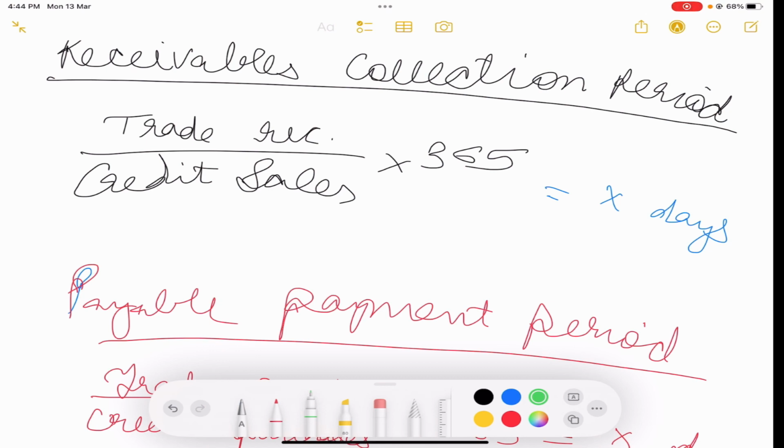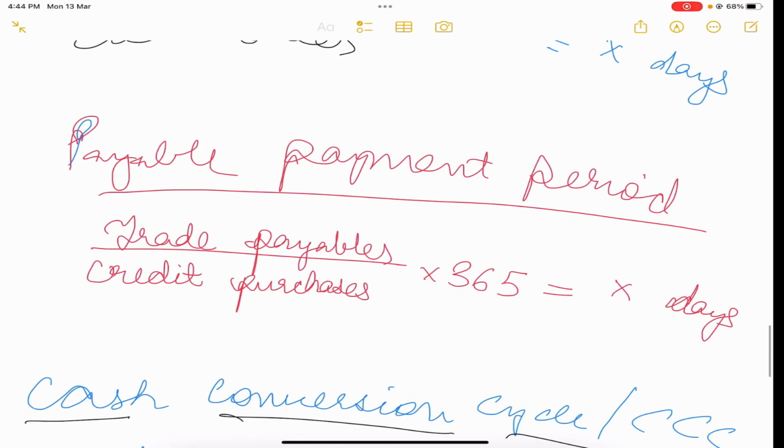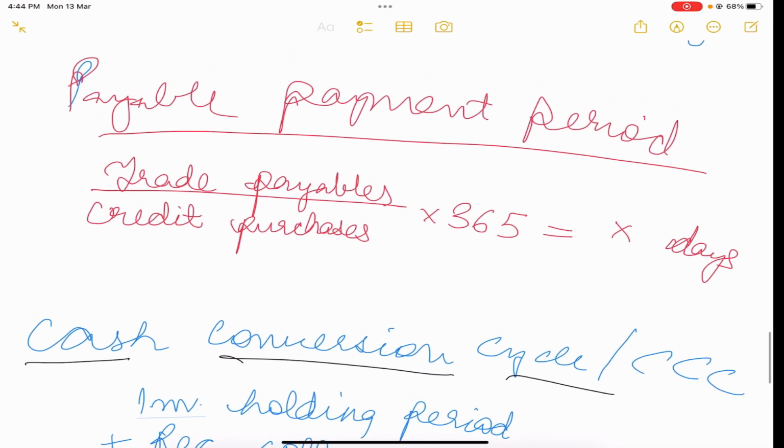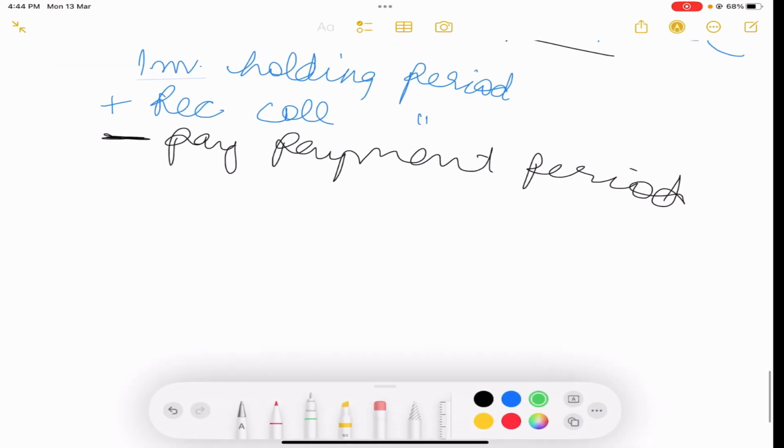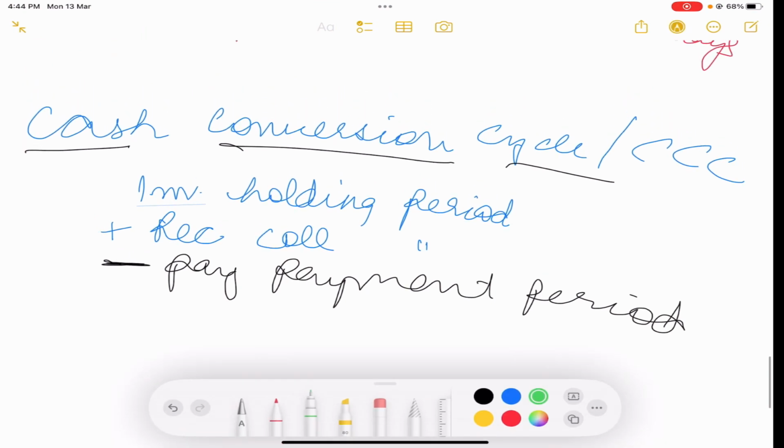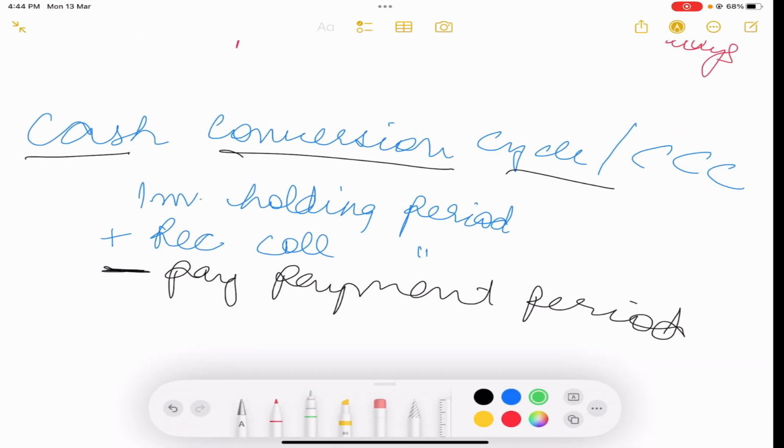And then the payable payment period, which is trade payables upon credit purchases multiplied by 365. And then we also had the cash conversion cycle. How do you find out the cash conversion cycle? Inventory holding period plus receivables period minus payables period.